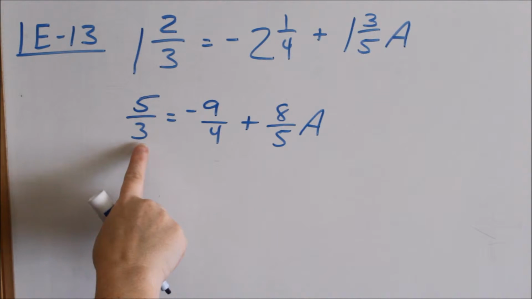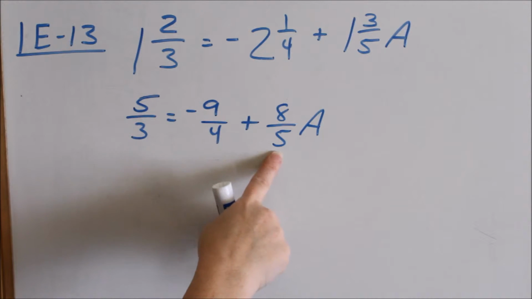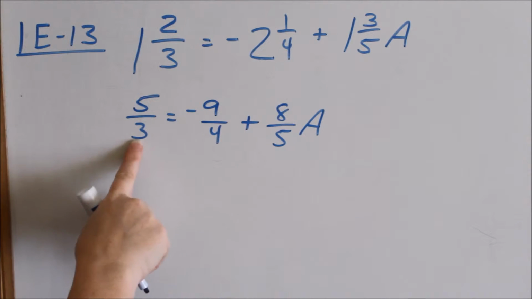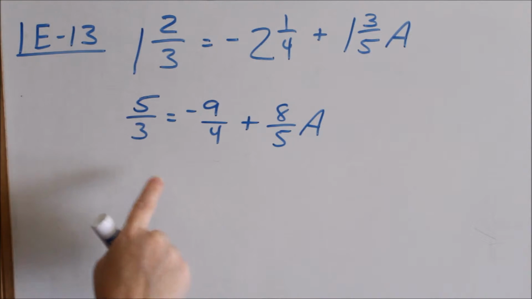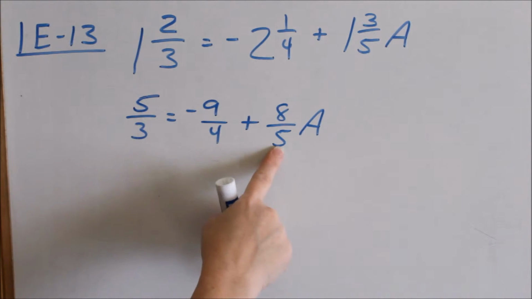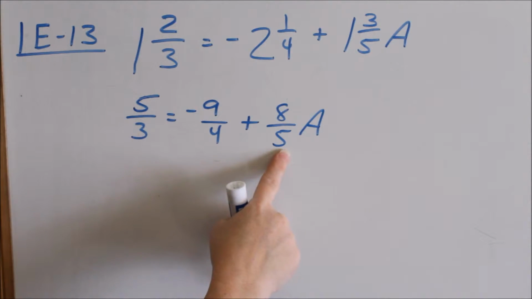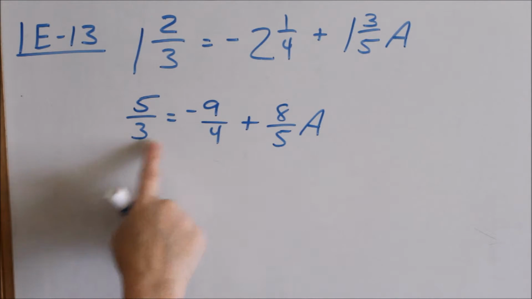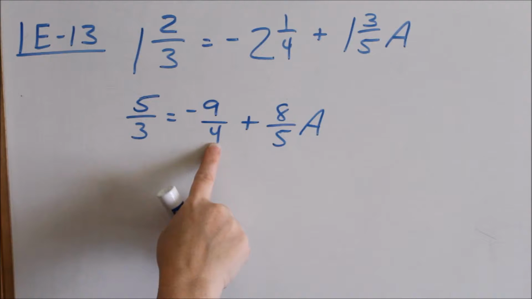Okay, now I've got the denominators of 3, 4, and 5. Basically what you're trying to do is find the least common multiple that all of these numbers can divide into so that your denominators go away. Okay, well you can look here. 3 and 4 will divide into 12, but 5 won't. 4 and 5 will divide into 20, but 3 won't. 3 and 5 will divide into 15, but 4 won't.